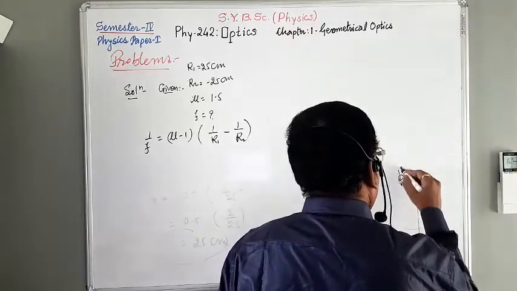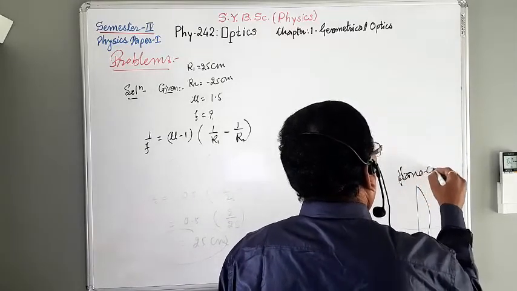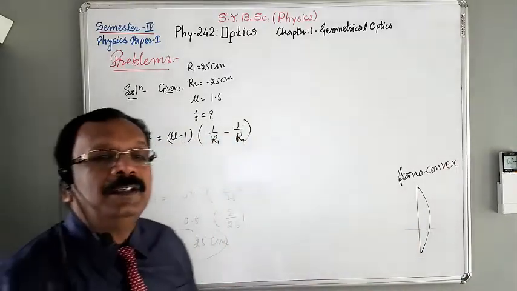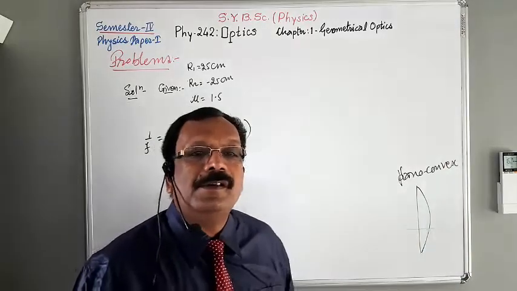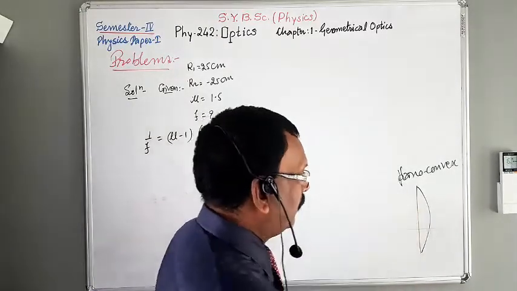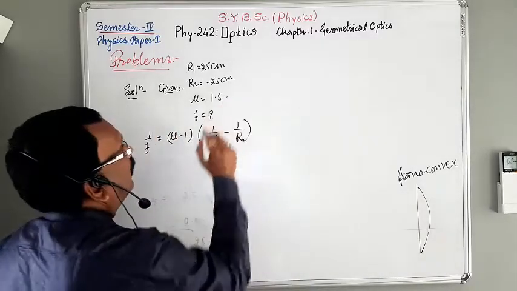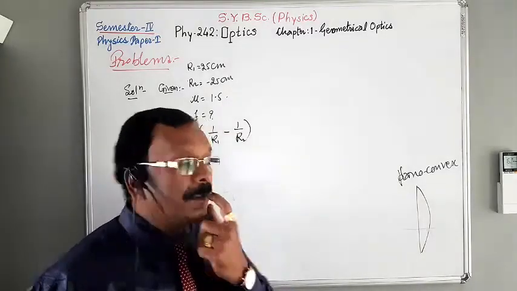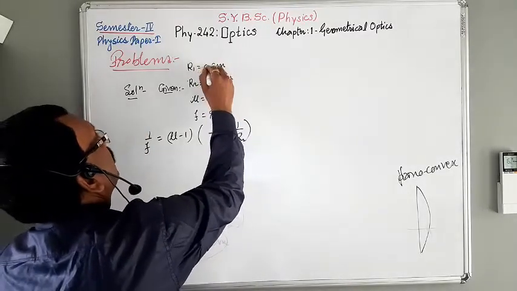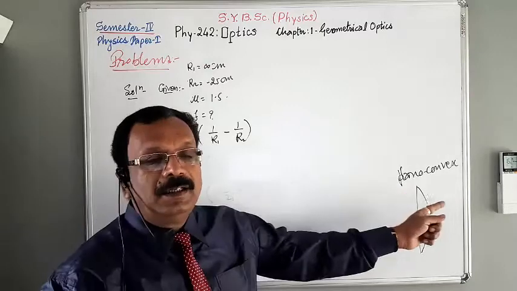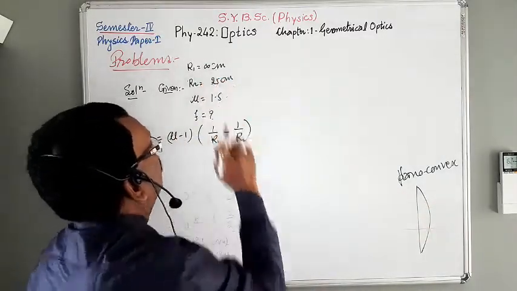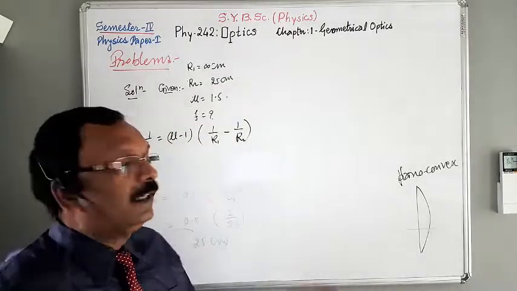So this is a plano convex lens, and in the problem the refractive index of the material is again 1.5, and one side is plane, so this is infinite, and the radius of curvature is the same, 25 centimeter. So this is the given data.